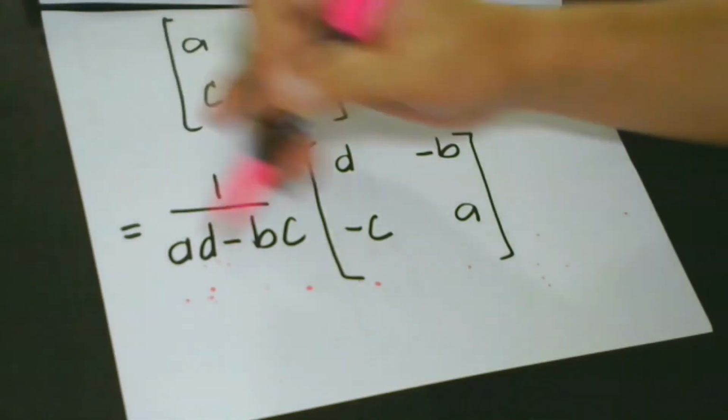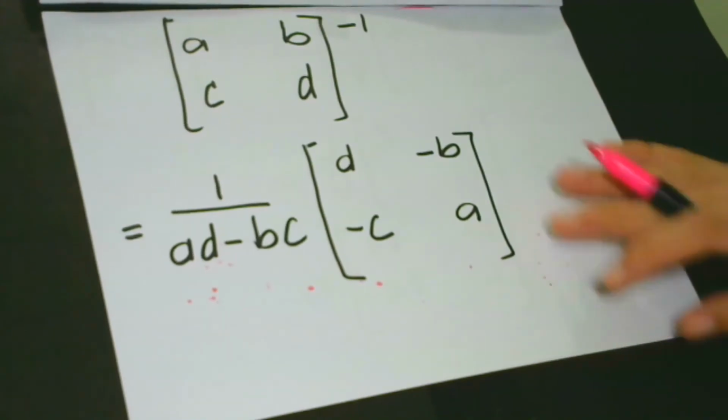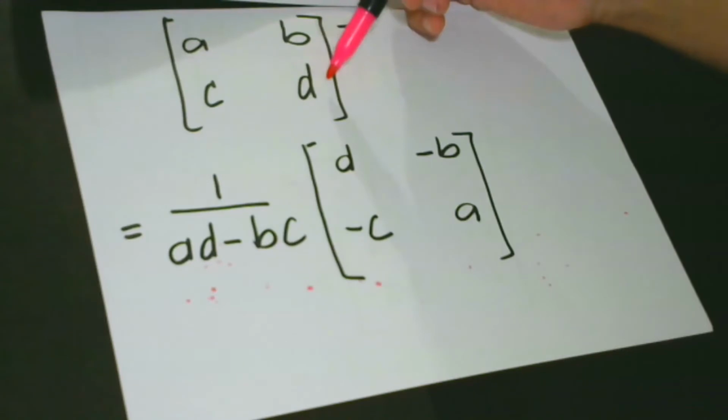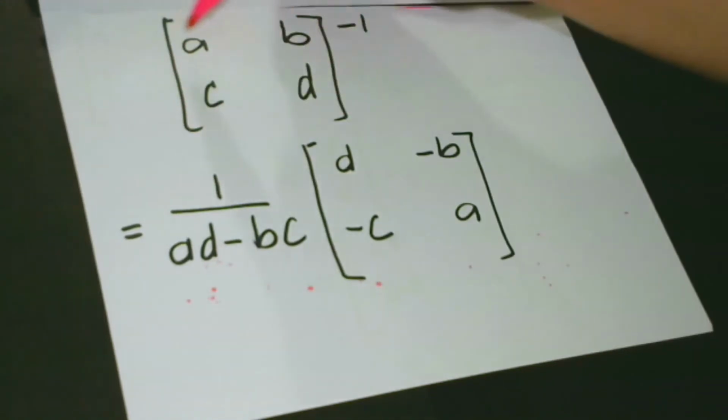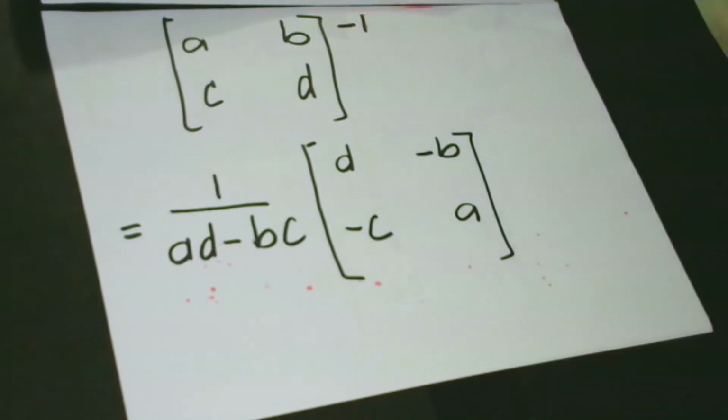This is actually the process of doing the calculation for the inverse. And how do we do this? Let's examine this one by one. Here, we swap the positions of A and D. Again, this is our original, then we put here -1 to mean that we're going to find the inverse of this matrix.